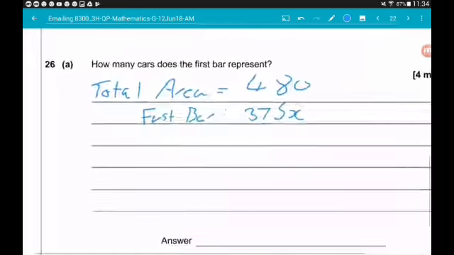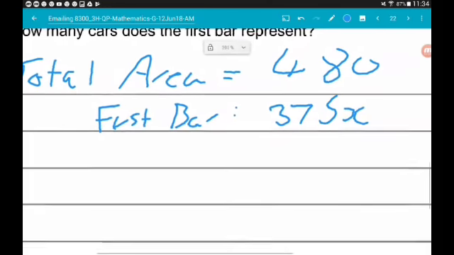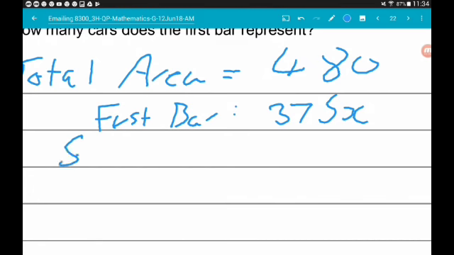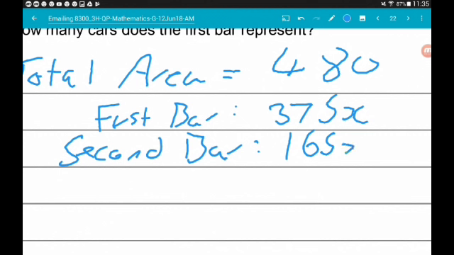So for the second bar, the area is 5 times 33x, which is 165x.